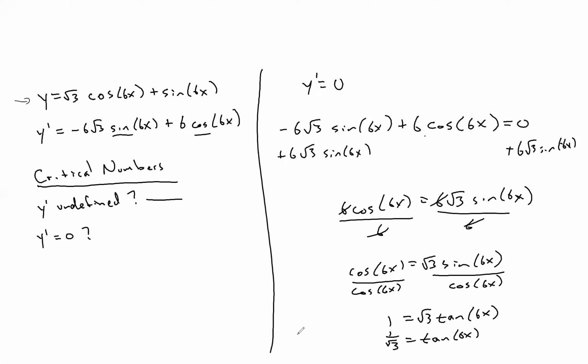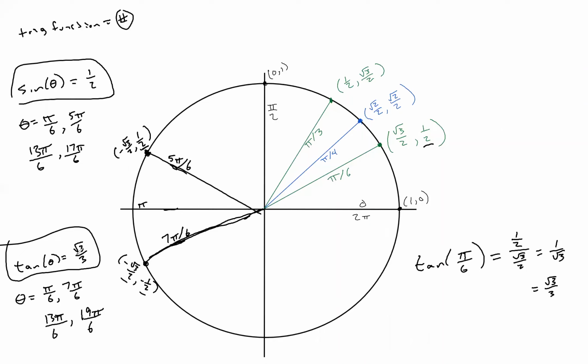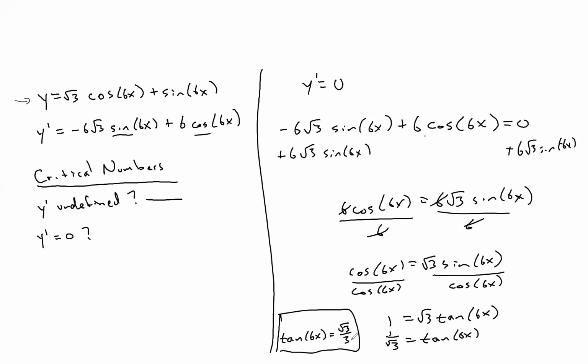This would be tangent of 6x equals root 3 over 3. Okay, now look at how this equation compares to this equation over here. Tangent of theta equals root 3 over 3. What we're solving is tangent of 6x equals root 3 over 3.